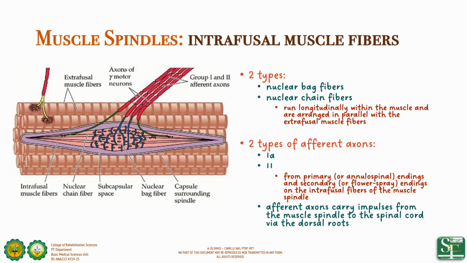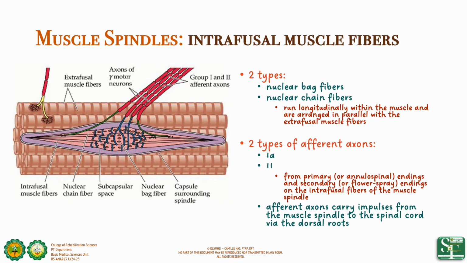So, si type 2 is from the primary endings and secondary endings of the intrafusal fibers of the muscle spindle. So, ito yung mga axon pa ni intrafusal muscle fibers. Okay? Afferent axons carry impulses from the muscle spindle to the spinal cord via the dorsal root. Dadaan din kasi siya, magsasynapse din sila dun kasi it's still a sensory function.